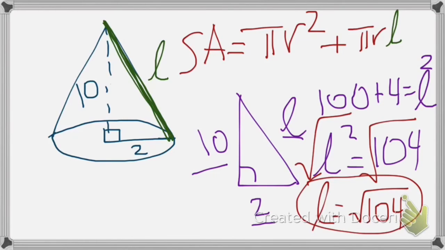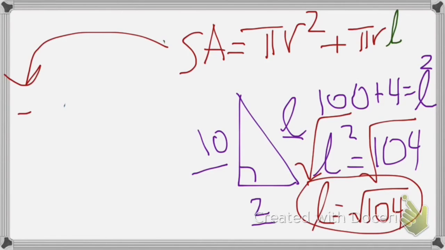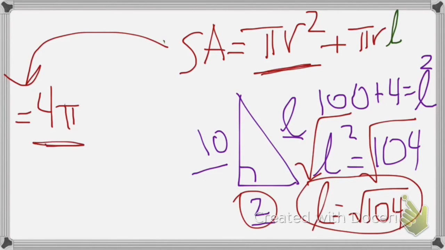Okay, so to find the actual surface area, we just plug everything we found into the formula. The radius was 2 in this case, so 2 squared is 4, and the pi r squared would come out to 4 pi.